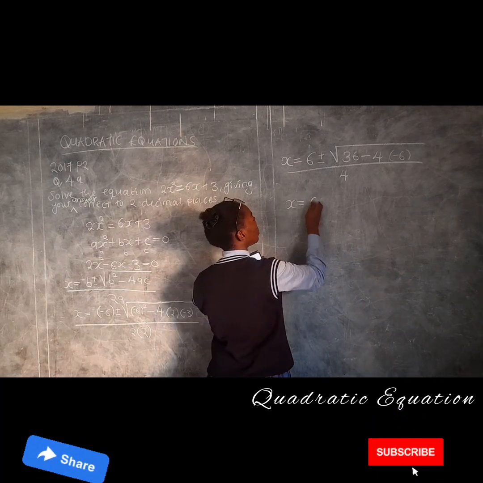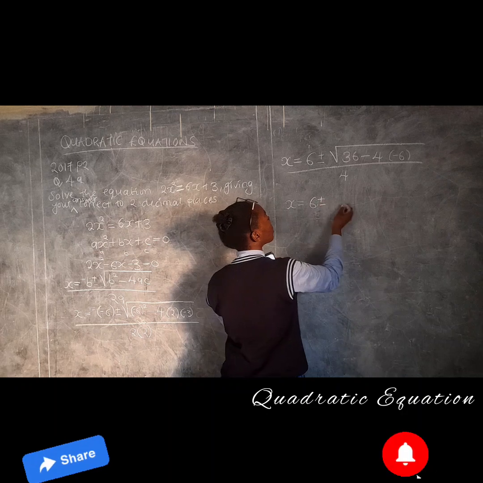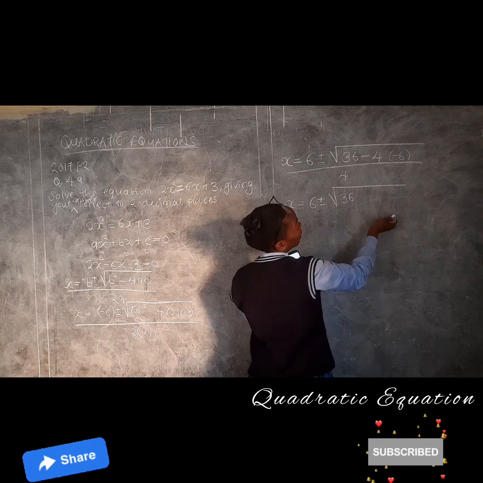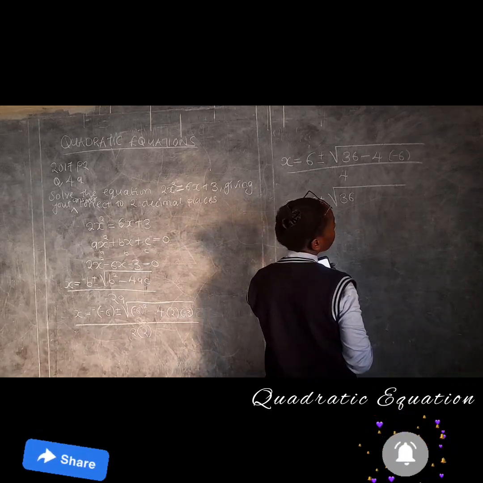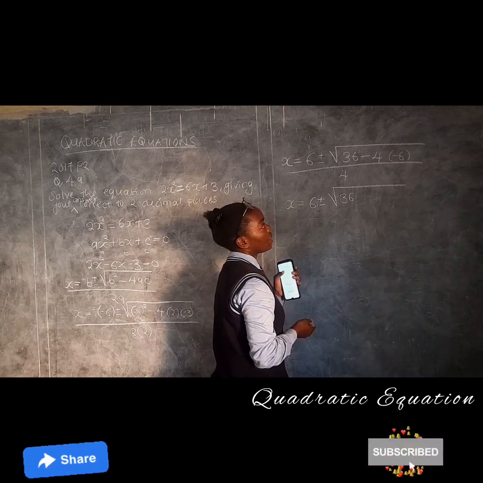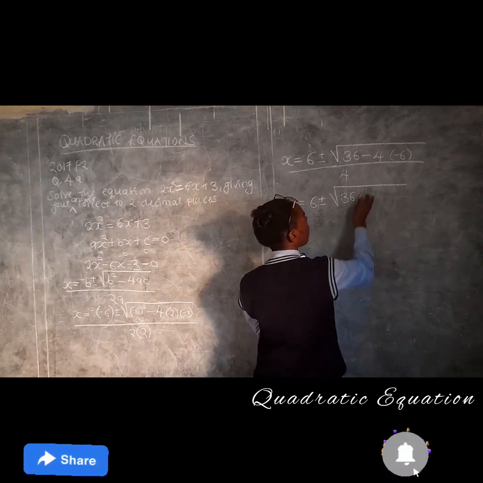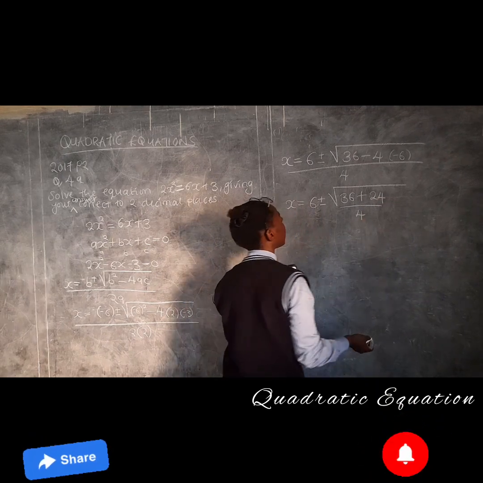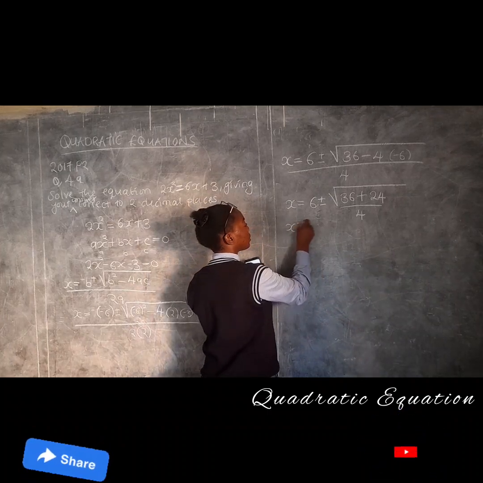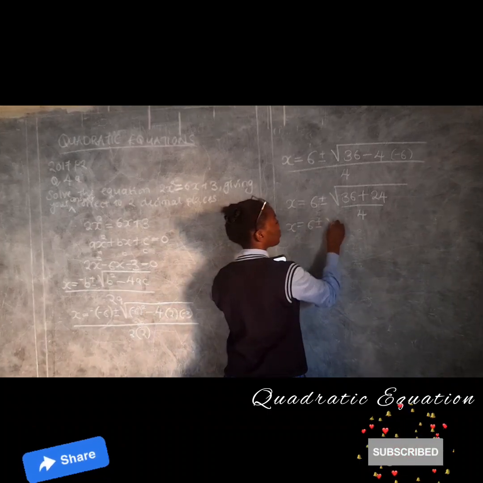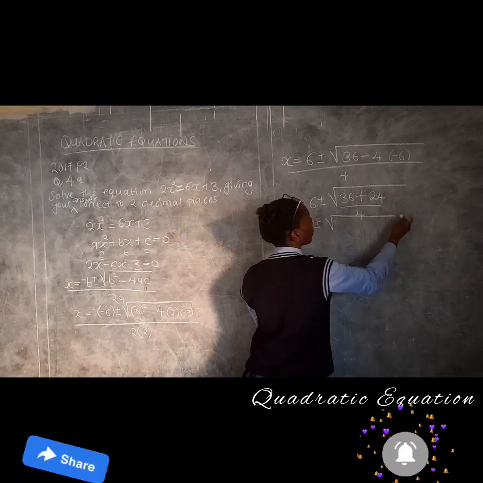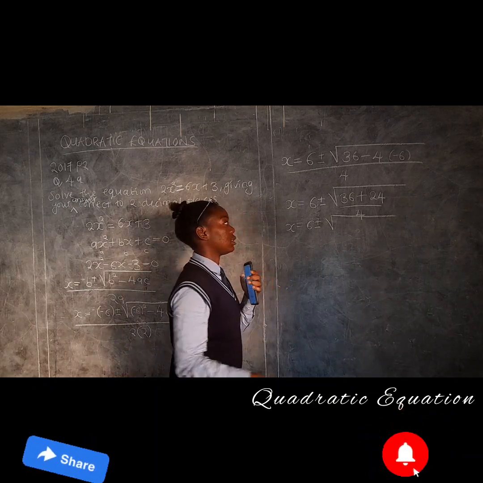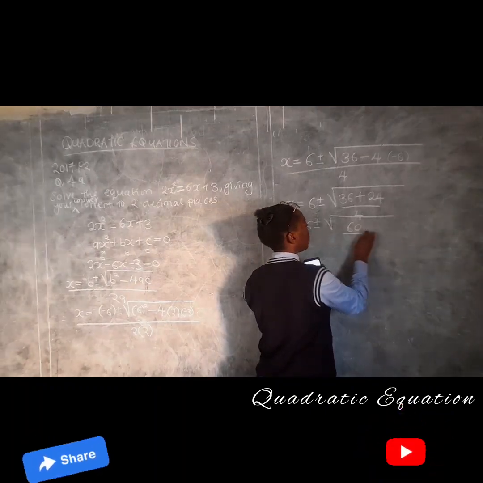So this is what we'll do. Write down our 36. Then negative 4 times negative 6 is positive 24. So we're going to write down our 24 over 4. Then we go back. What's 36 plus 24? It's 60. So write down our 60 over 4.